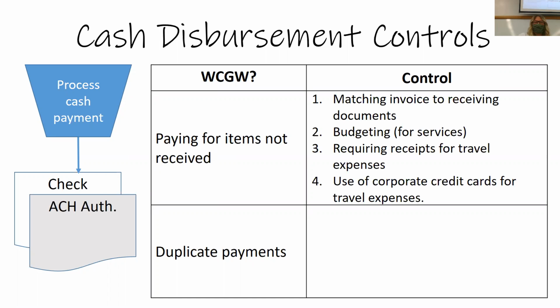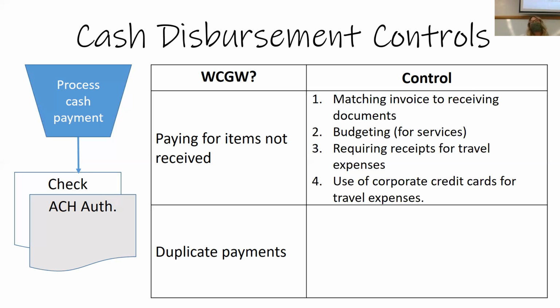So let's do, I'll throw these up there all at the same time. There are similar controls as we saw when we were creating customers, phrased a little bit differently. The control to make sure that you're actually receiving the goods or services that you ordered would be that matching process.